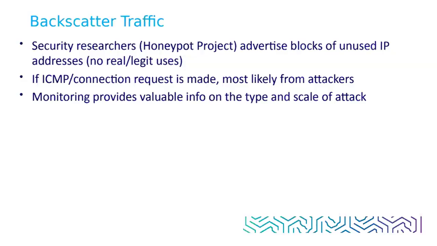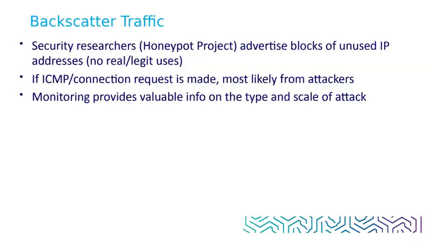Mainly, backscatter traffic is the response traffic generated when a victim system replies to a packet that contains a spoofed source IP address. Since the attacker used a fake source IP address, the victim unknowingly sends its reply to the fake or innocent IP address instead of the real attacker.